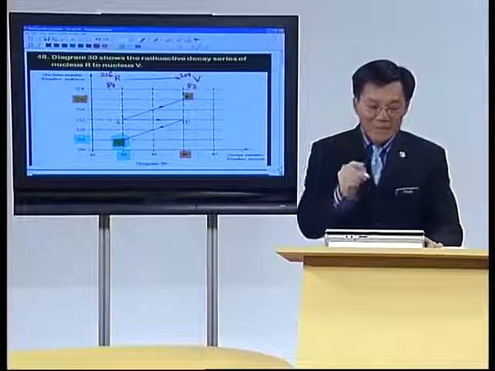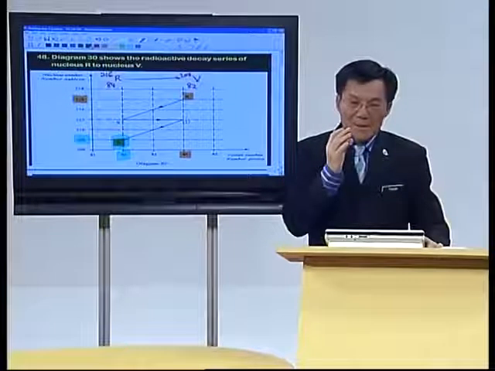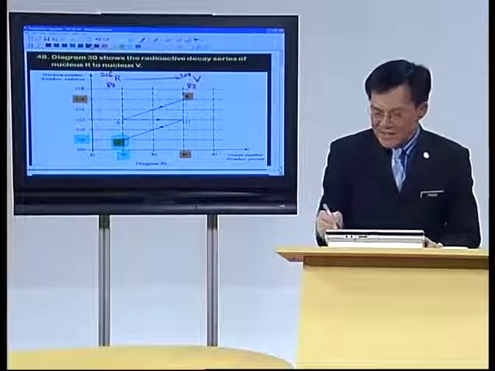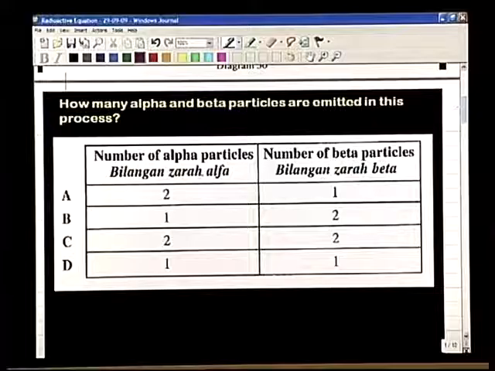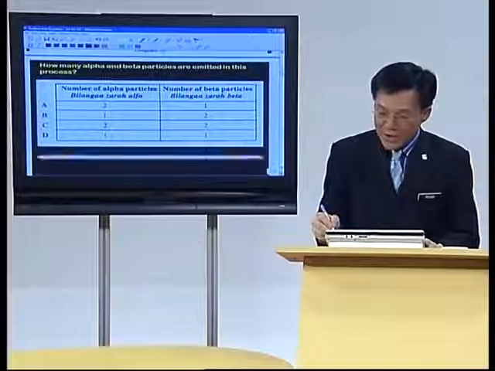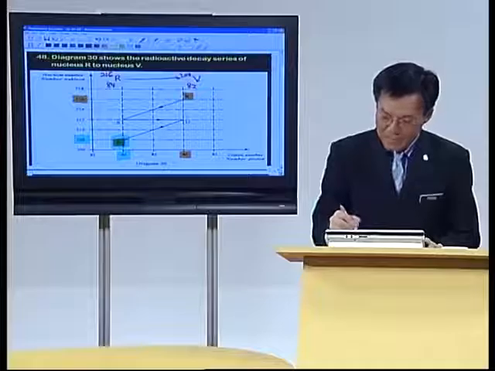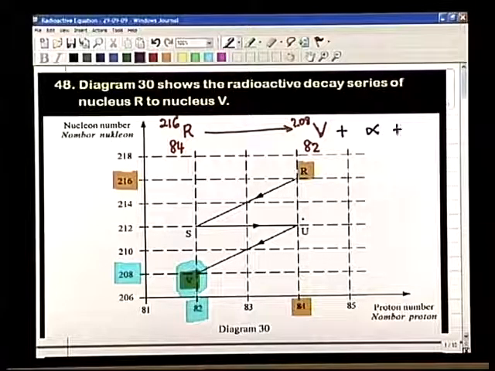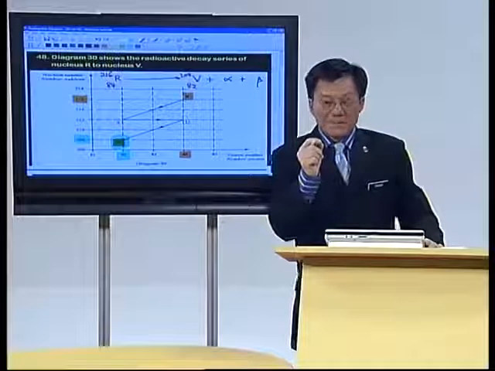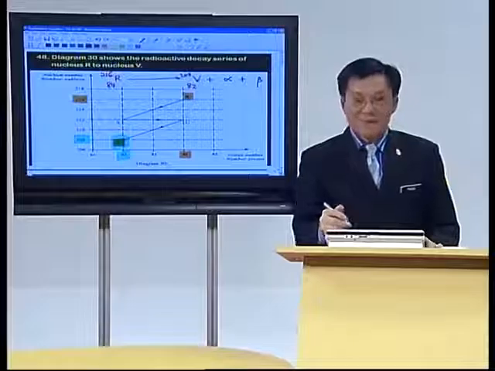Now the next step is the question asks us, alright, if you look at the question, how many alpha particles and beta particles are emitted or given out? So we have to write in our equation plus alpha plus beta.